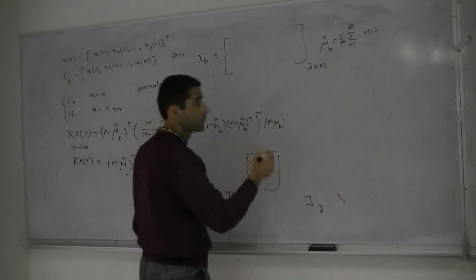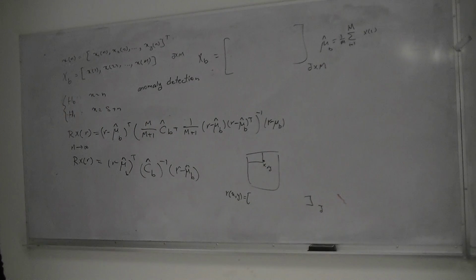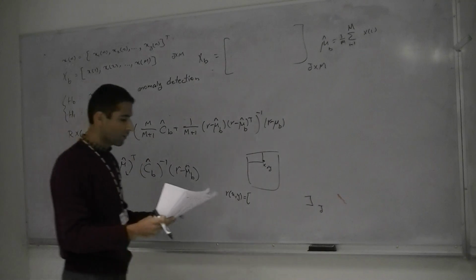In this case, mu b is the average of the given spectrum.